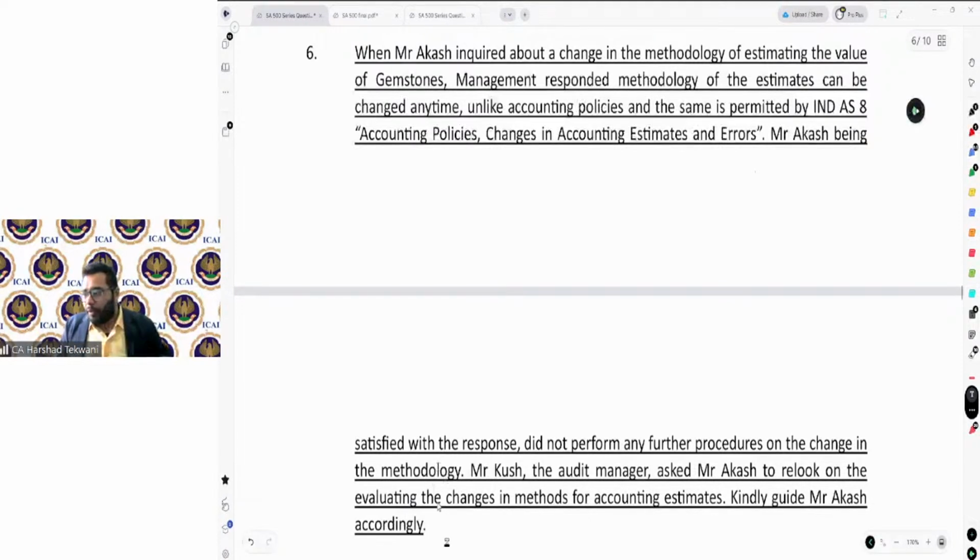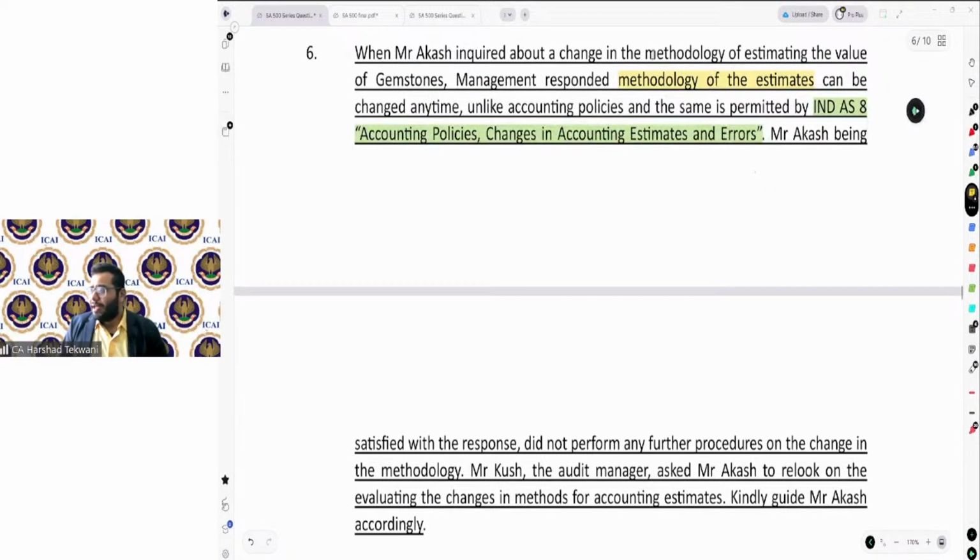Now you tell me, what is the requirement of the applicable financial reporting framework, which is NDS 8, with respect to changes in methodology for the estimates? What is the requirement of NDSA? Bonus question.